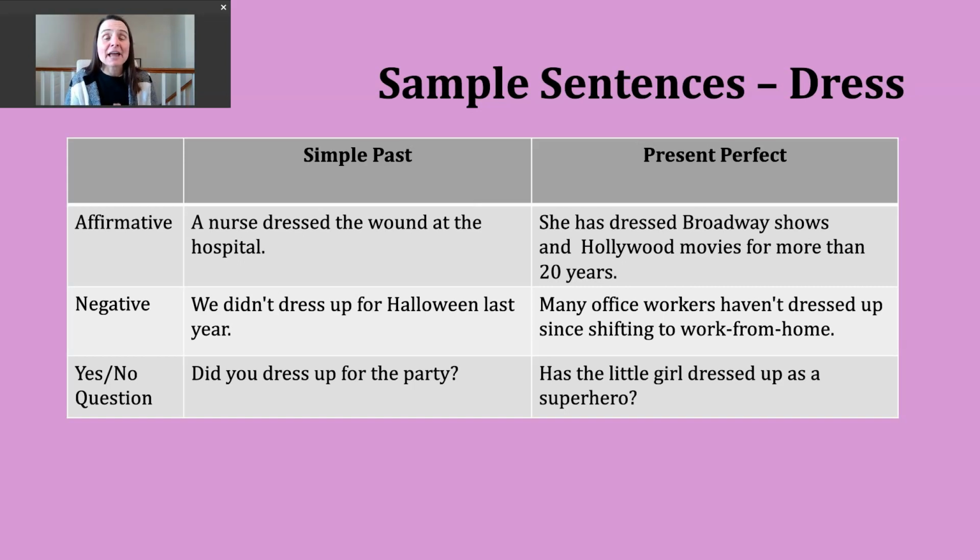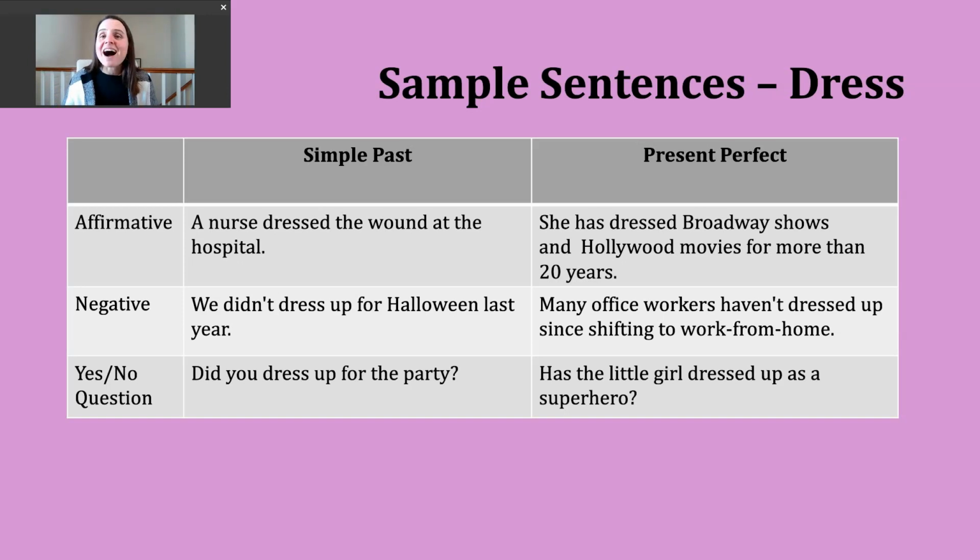Now let's take a look at the present perfect. We use this verb tense to describe an action that started in the past and continues into the present. We also use it to describe things that happened at some unknown time in the past. To make a present perfect sentence, we need to pay attention to our subject.